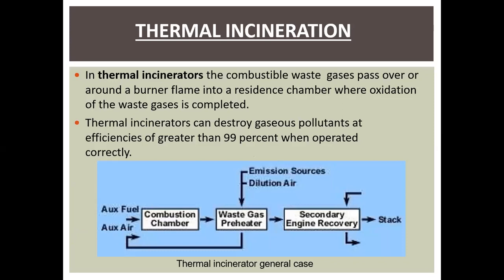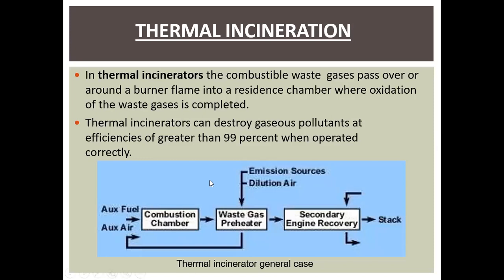Next is thermal incineration. In a thermal incinerator, the combustible waste gases pass over or around the burner flame into a residence chamber where the oxidation of the waste gases is completed. A thermal incinerator can destroy gaseous pollutants at an efficiency of greater than 99% when operated correctly.